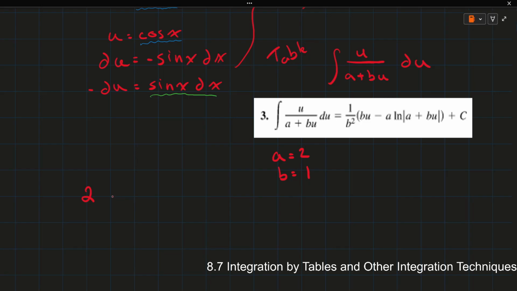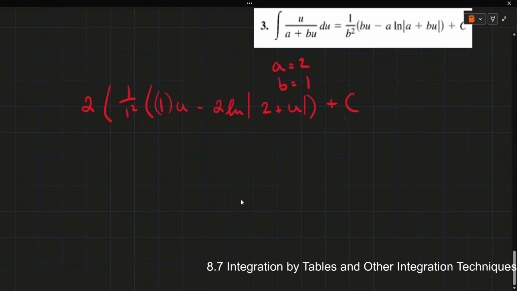So we're still going to have that 2, and then it's going to be the integral, so 1 over b squared, so 1 over 1 squared, and then we have 1 times u minus a, which is 2, ln of 2 plus u, because b, like I said, I'm going to drop the b's. b is just 1. And then finally plus c.